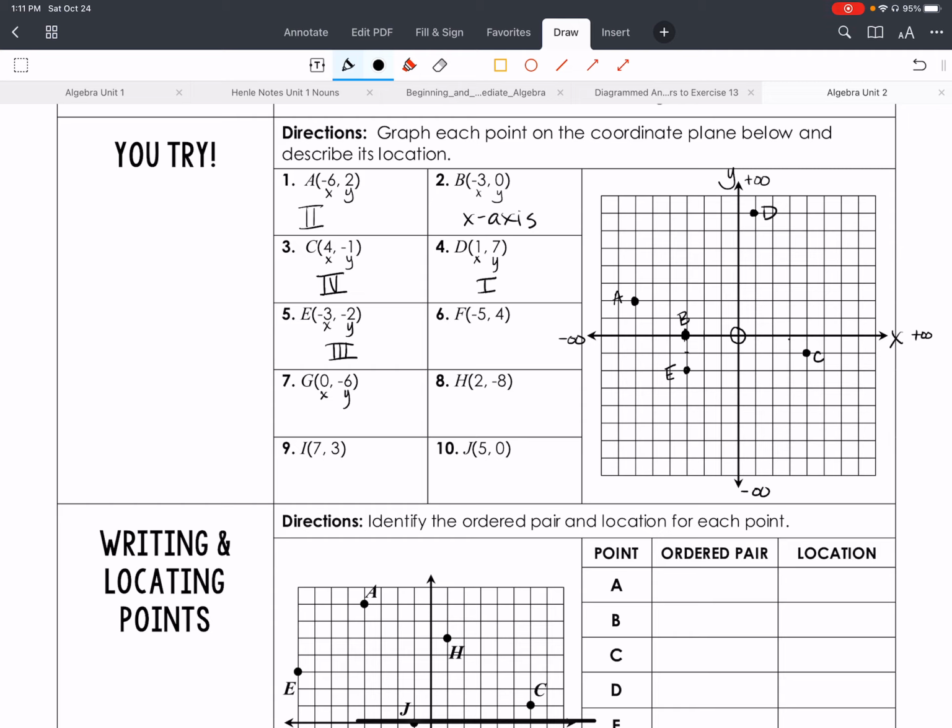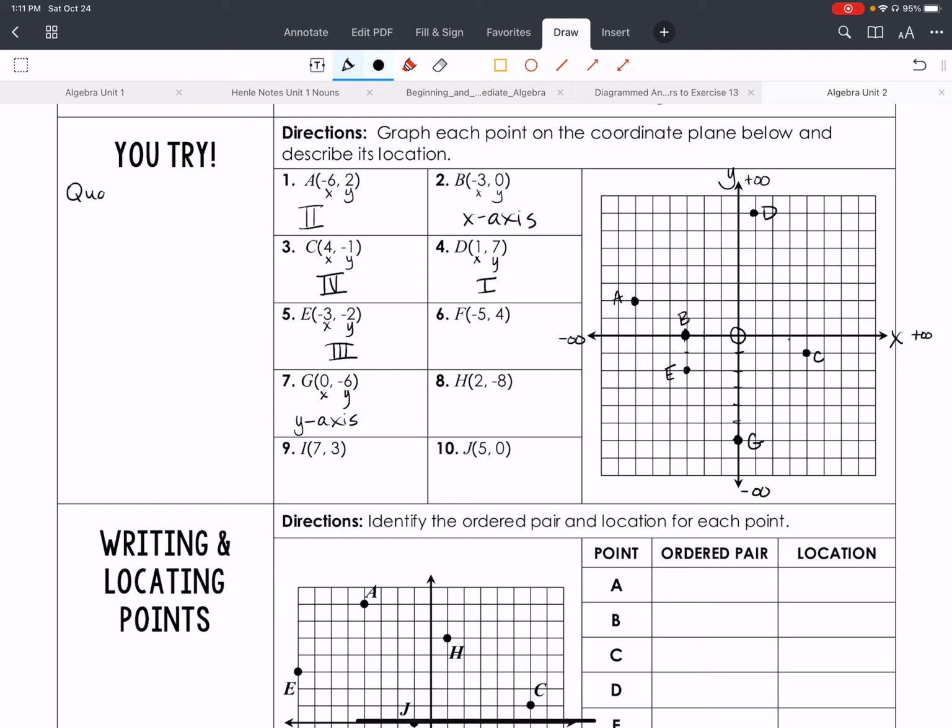From there, I need to go down 6 on the y number line, so actually down 6 for -6. So 1, -1, -2, -3, -4, -5, -6. So my point will be right here, and this is where G is. And when I give its location, it is on the y-axis.